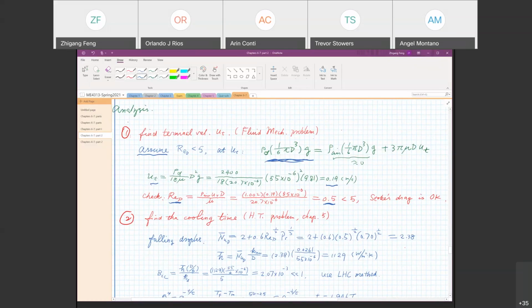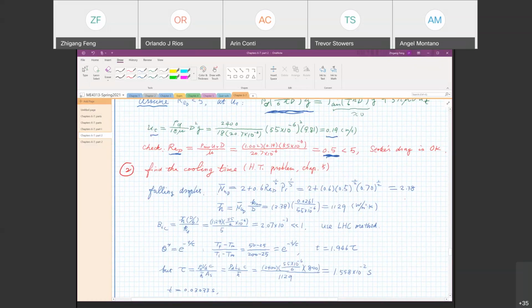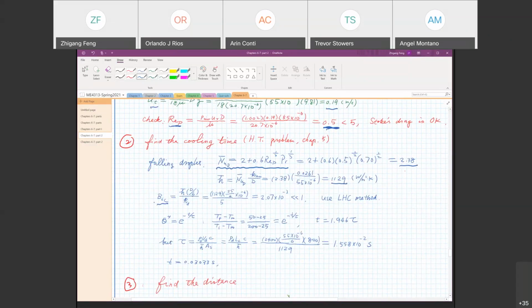Based on this Reynolds number, we can determine the Nusselt number. This is the Ranz-Marshall equation, and I find the Nusselt number, and then I can find the convection coefficient H value. Based on the H value, now we can determine the Biot number. As expected, it's very small, much smaller than 1, so we can use the lumped heat capacitance method.